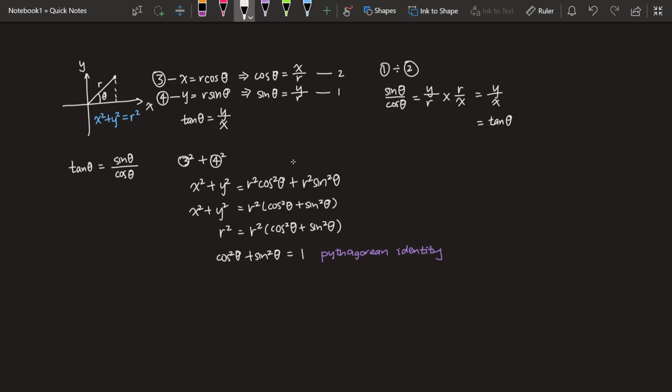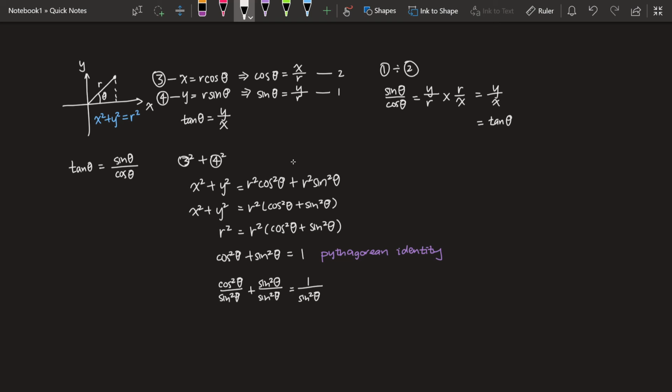And from this equation, we can actually derive 2 more equations. So what we can do is we can divide both sides by sine squared first. So cosine squared theta over sine squared theta, plus sine squared theta over sine squared theta, equals 1 over sine squared theta.